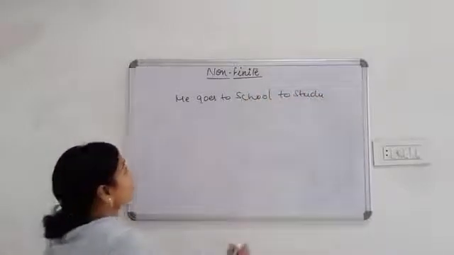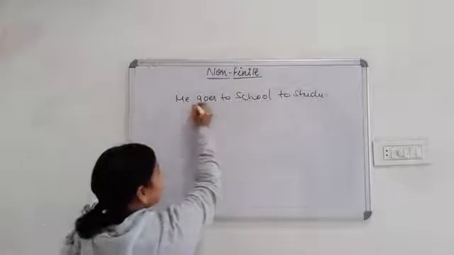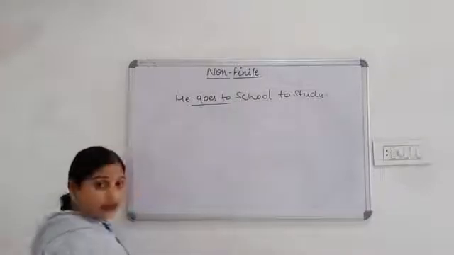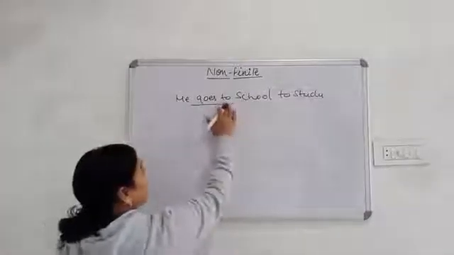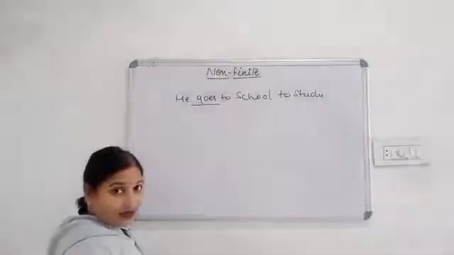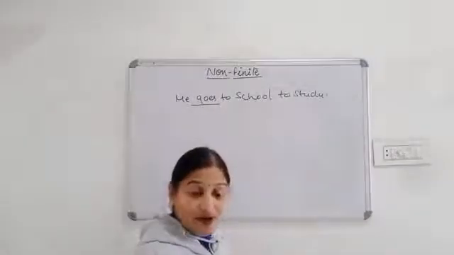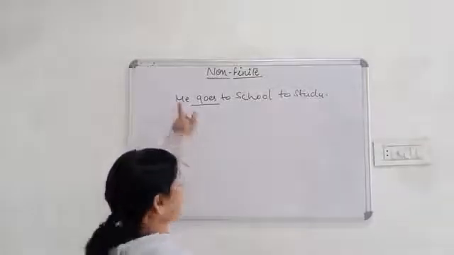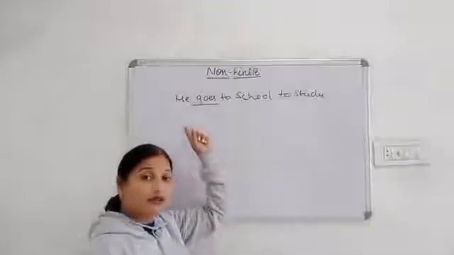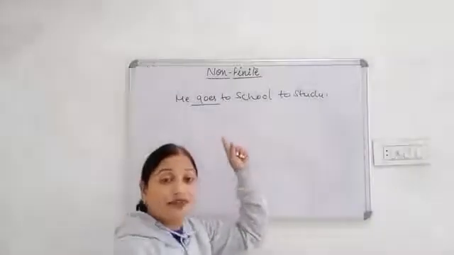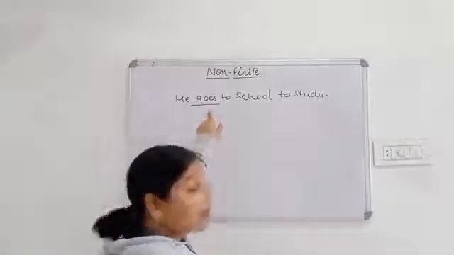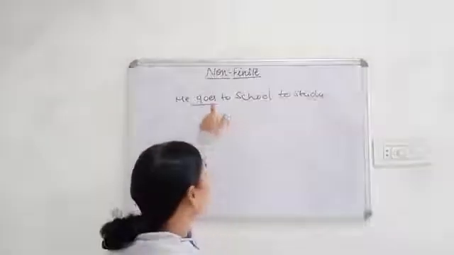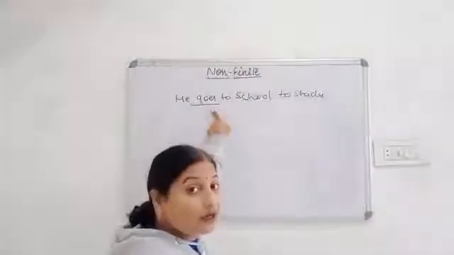Now you concentrate on this. He goes to school and the verb is goes. This we have already studied along with the subject. If the word is describing the function, the action of the subject, then that is called the verb. So this goes is a verb.